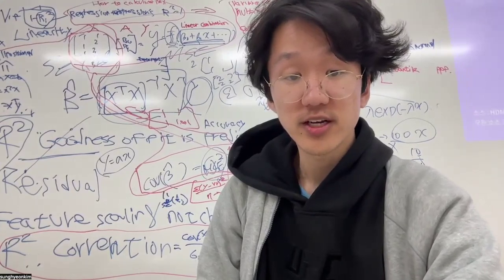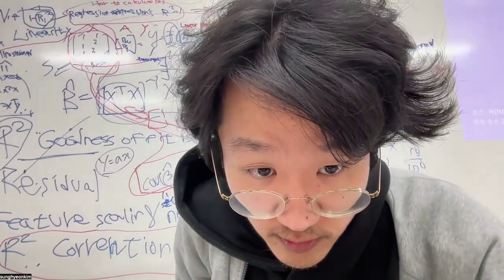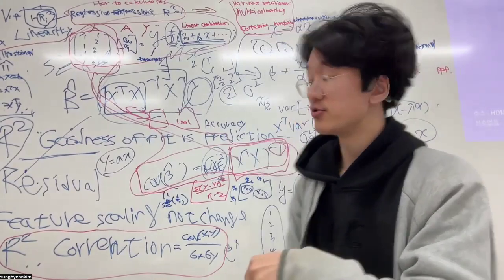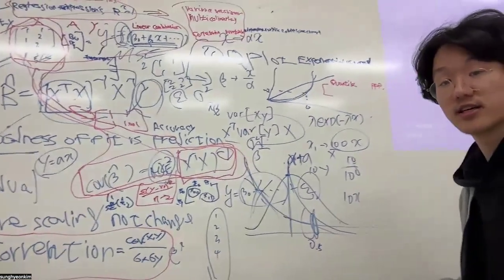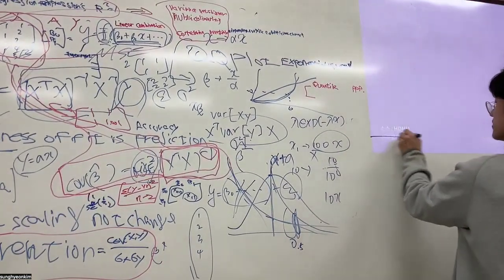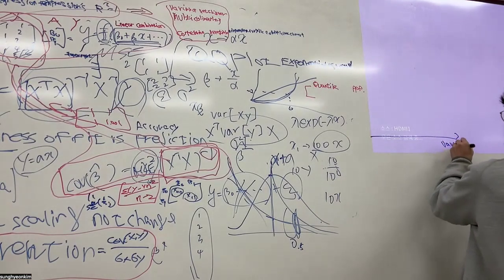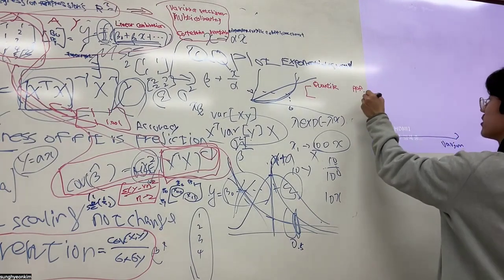Another thing we can check is the variance and residual graph. Let's say here, this is variance and this is residual.